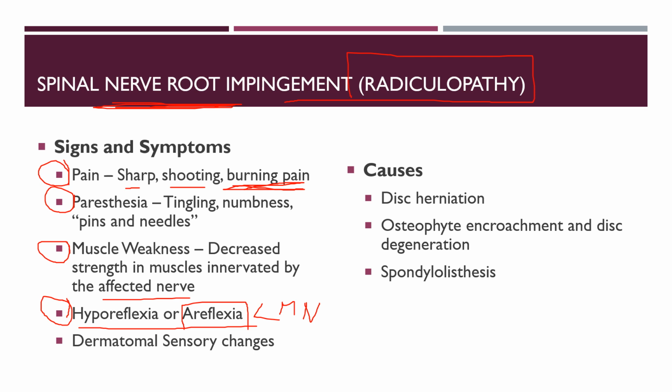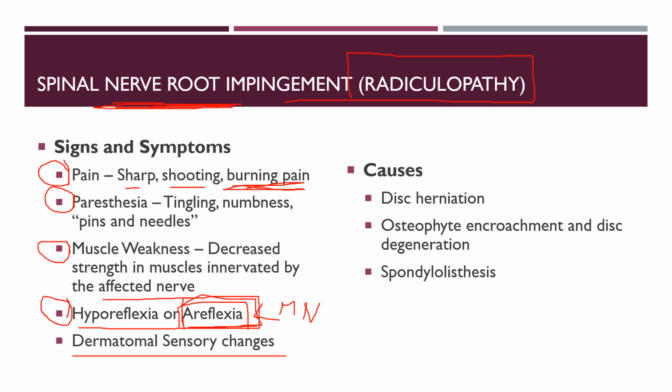If you're testing reflexes and they don't appear to be normal, then you need to go to the segment of the spine which is responsible for that reflex. And again, as I mentioned earlier, dermatomal sensory changes is something that you might see as well. So knowing your dermatomes is going to be important.